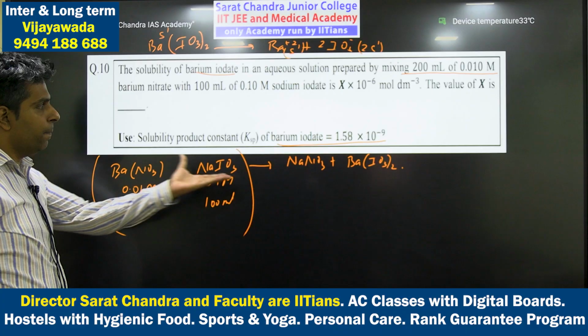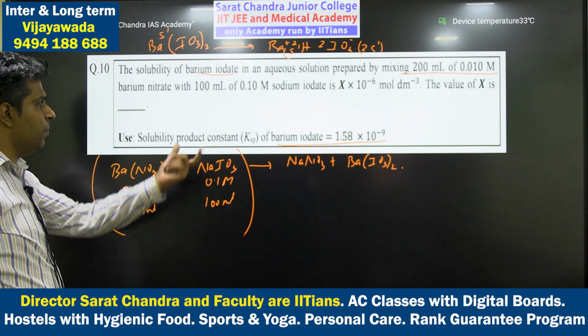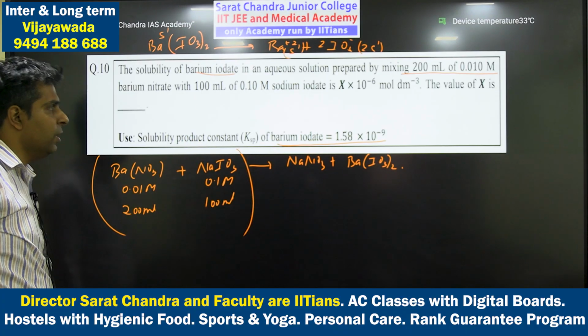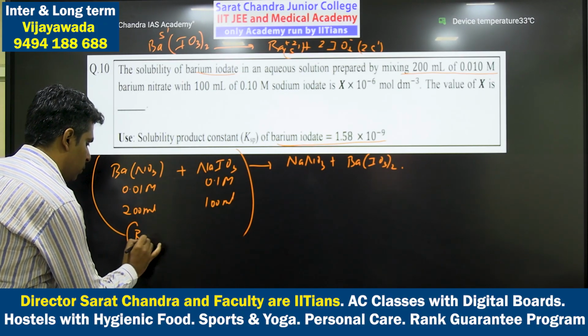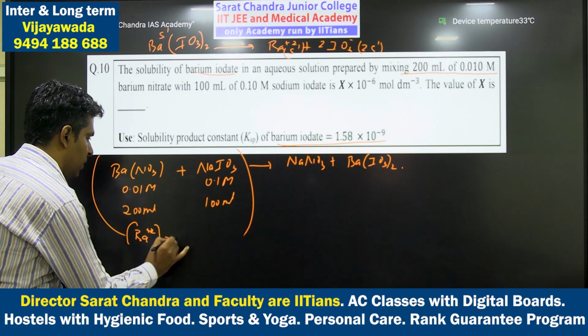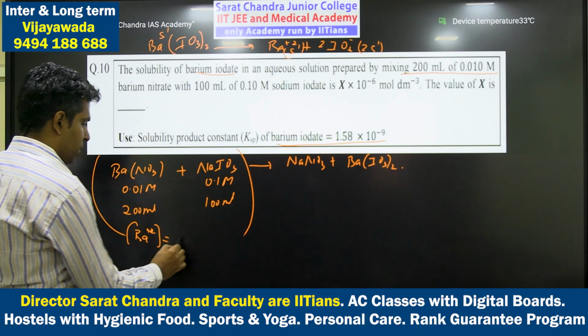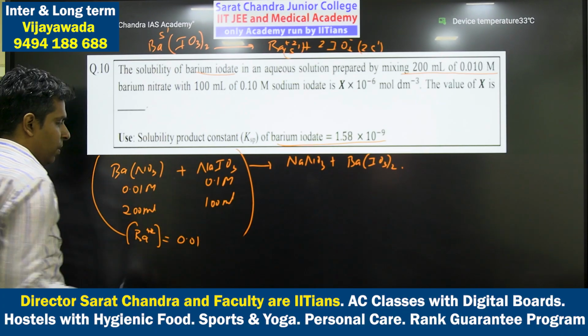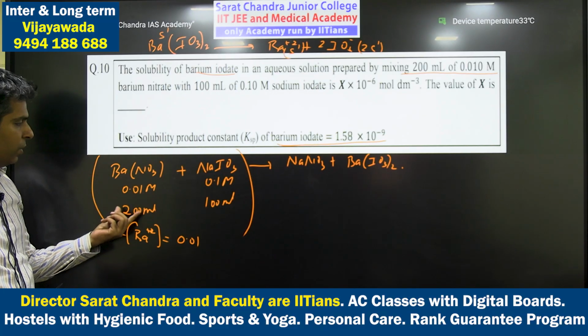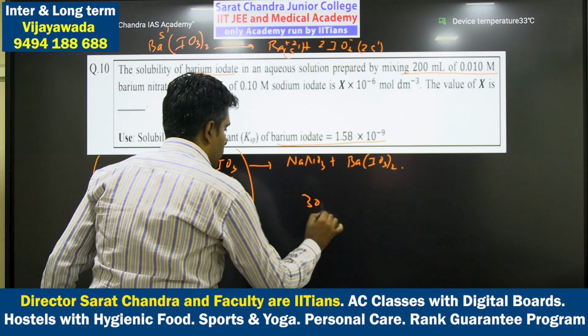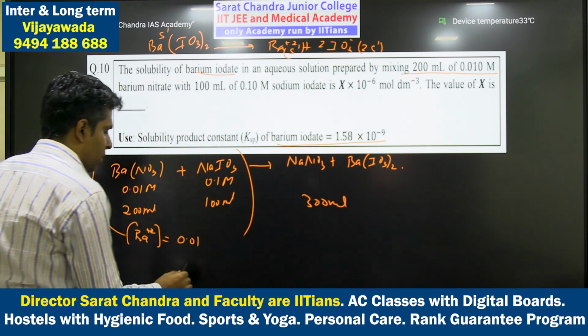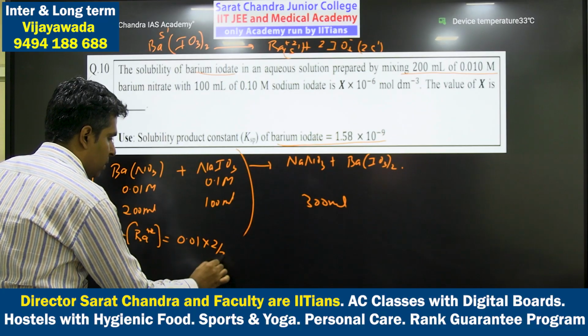Now already some of the barium iodate would have been precipitated because its solubility is very less, 10 to power minus 9. So you can see the concentration of barium ion over here will be 0.01 was the molarity of barium nitrate. Initially volume was 200 ml, now the volume is 200 plus 100, 300 ml. So the concentration of barium ion in this will be into 2 by 3.